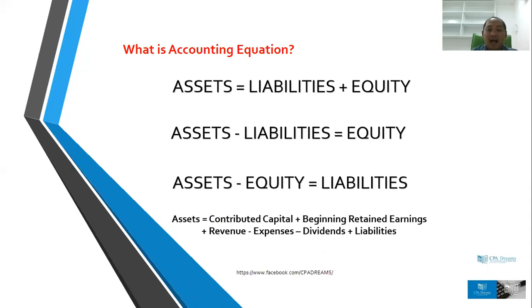That is assets equals contributed capital plus beginning retained earnings plus revenue minus expenses minus dividends plus liabilities. Okay, uulitin ko lang. The accounting equation is the foundation of double entry accounting. So meaning, kailangan kung ano yung nasa asset side is equal sa liabilities and equity side. Okay?